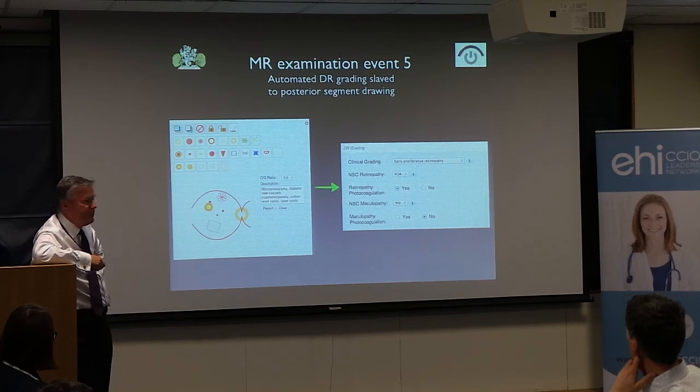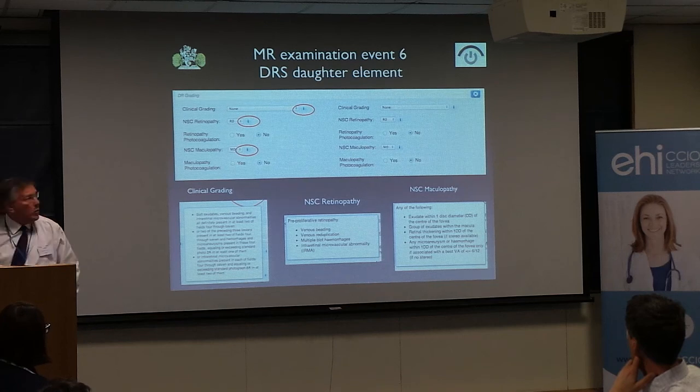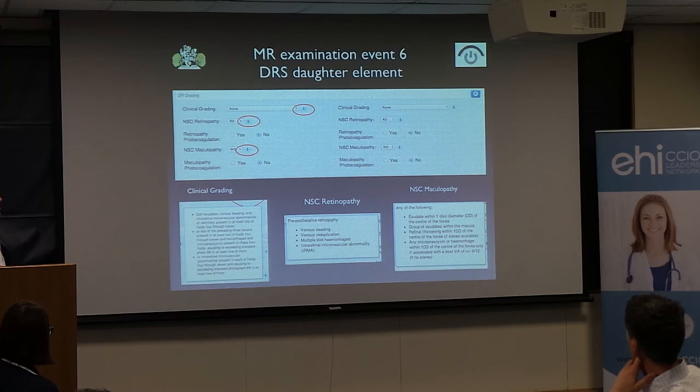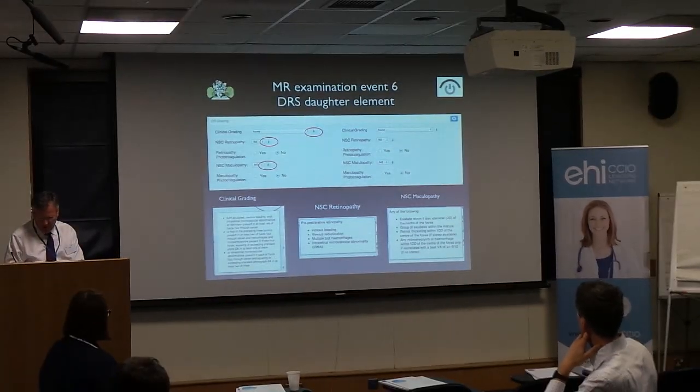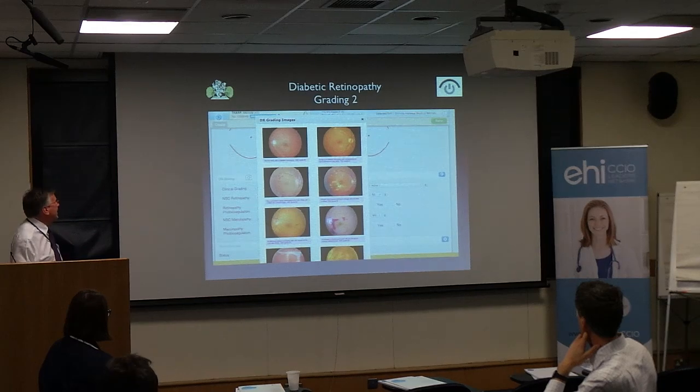It can be overridden, but that works like that. So that's an important feature. We've got on-screen help, so again with diabetic retinopathy grading, if the user clicks the information buttons, they get grading criteria. We've got visual help, so again, click the camera icon, you get the screen looking like that.